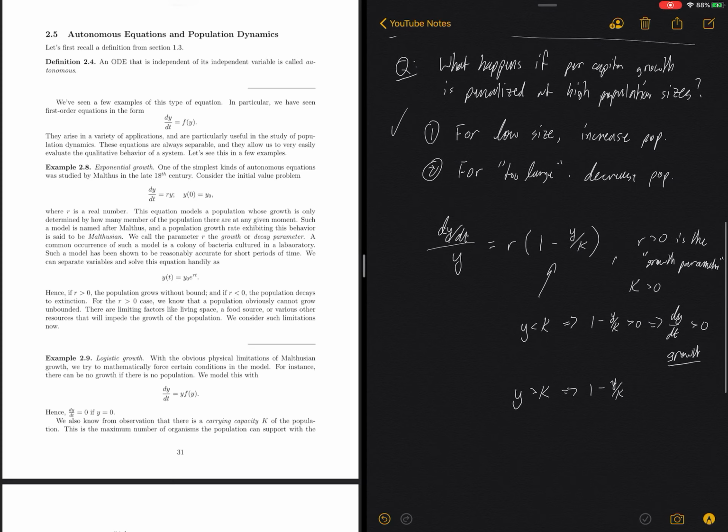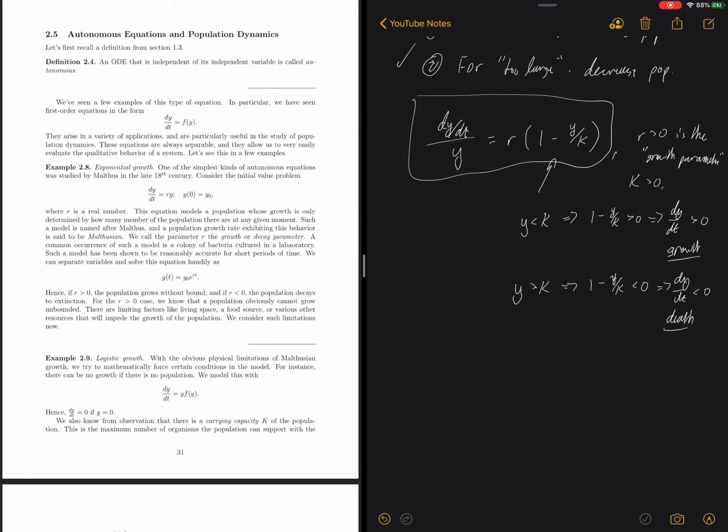So this is growth, and that checks off our first box here. But for our second rule, notice what happens if y is greater than k. Then 1 minus y over k is now less than 0, and that means dy/dt is less than 0. And we have death, so we shrink the population. That checks off our second criterion here.